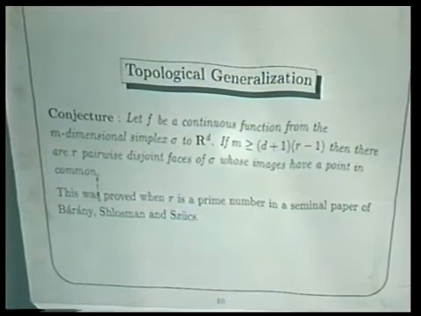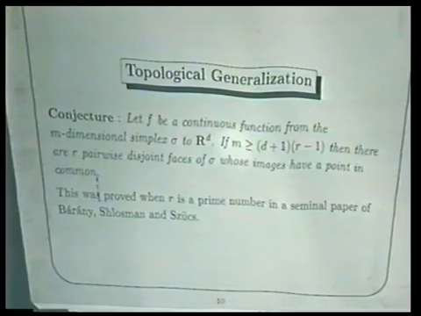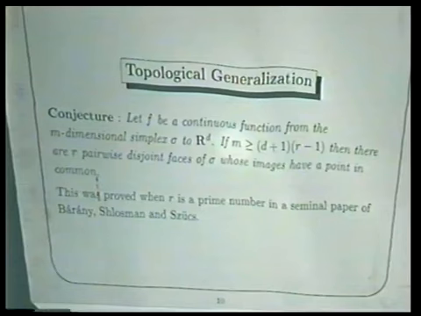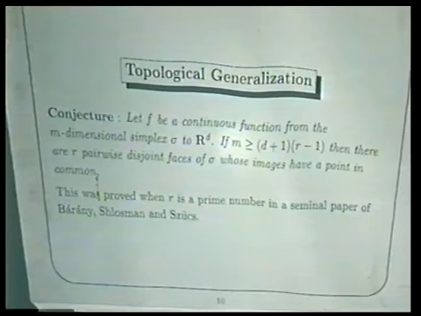Then there are r pairwise disjoint faces of this simplex sigma whose images have a point in common. Now, if you consider linear functions, then this is just Tverberg's theorem, because the only thing that matters is the images of the points. And this gives you back Tverberg's theorem. But for continuous functions, this is still not known.